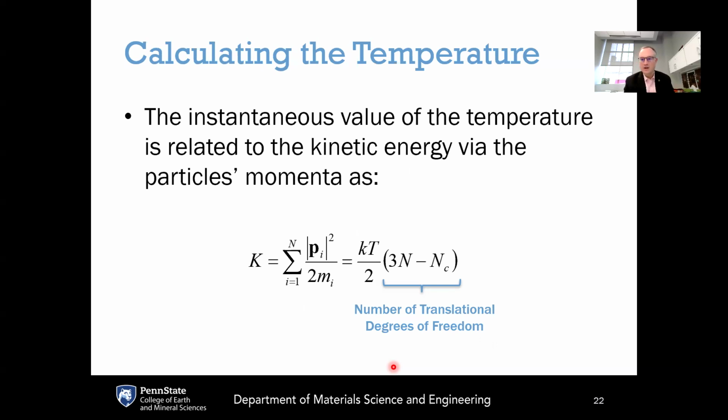Okay, now, what about thermostats? How do we calculate the temperature of the system? At any point in time, the instantaneous value of the temperature is related to the kinetic energy via the particle's momentum. So if this is the kinetic energy of the system, capital K, if we've got the square of the momentum divided by 2 times the mass of that atom, this summation here gives us the total kinetic energy of the system.